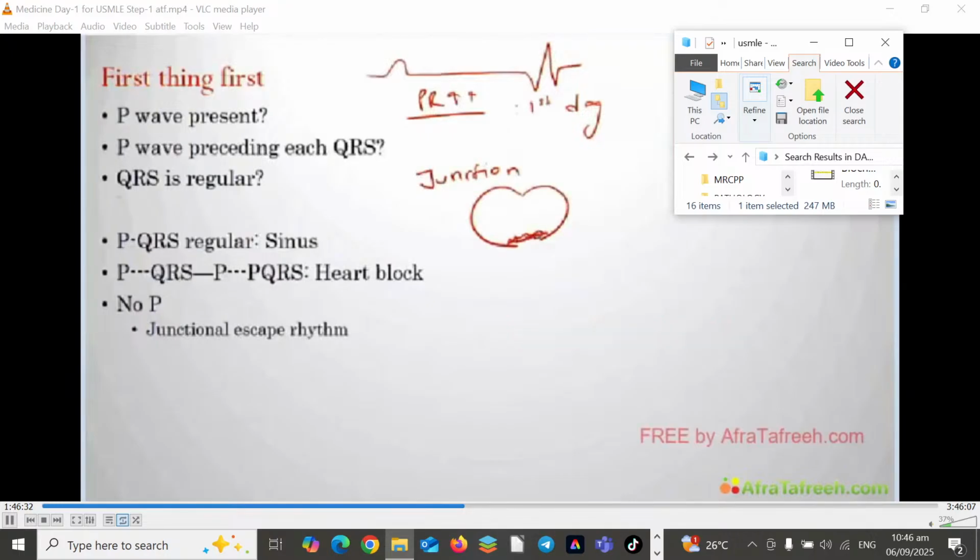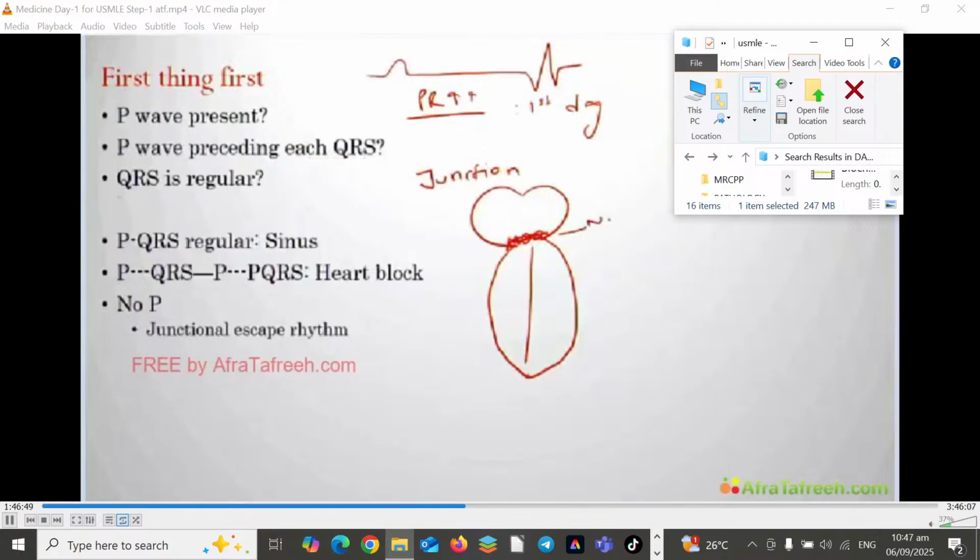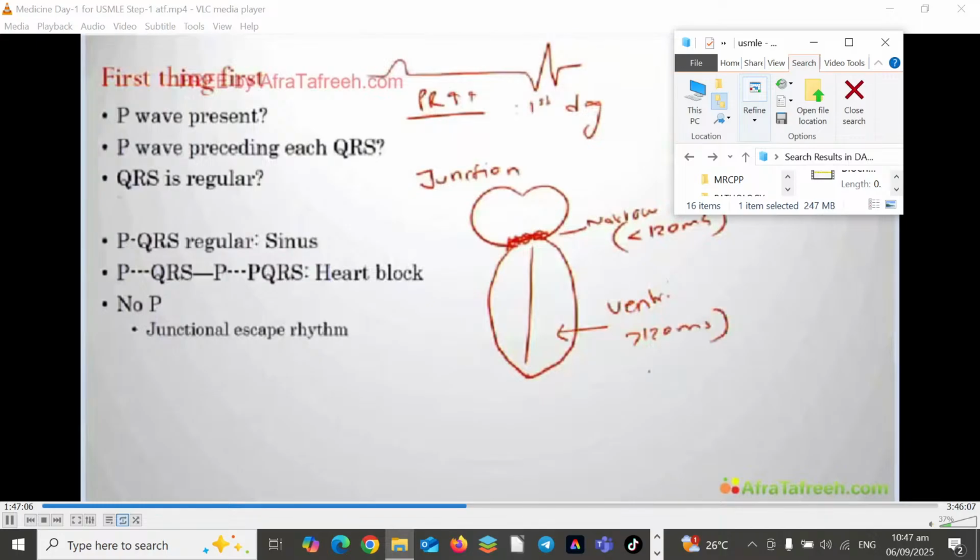This part is the junction. That is, it is not starting from the ventricle. It is starting from the atria, but from the SA node or the bundle of His. If it is this part, that means the QRS complex is narrow, less than 120 milliseconds. If it is starting from the ventricle, this is wide, that is more than 120 milliseconds.